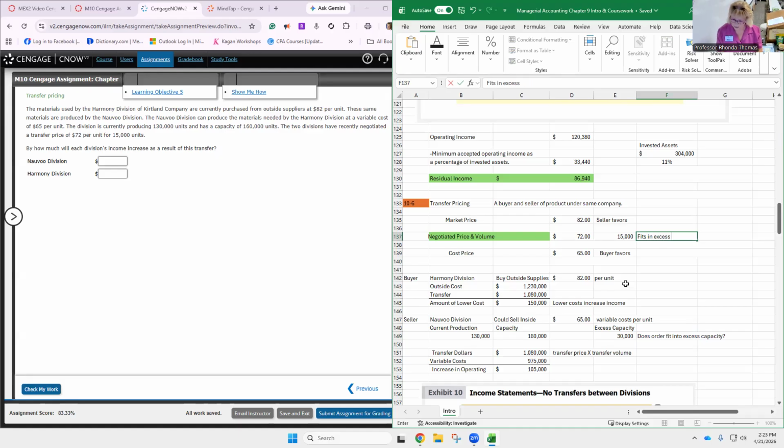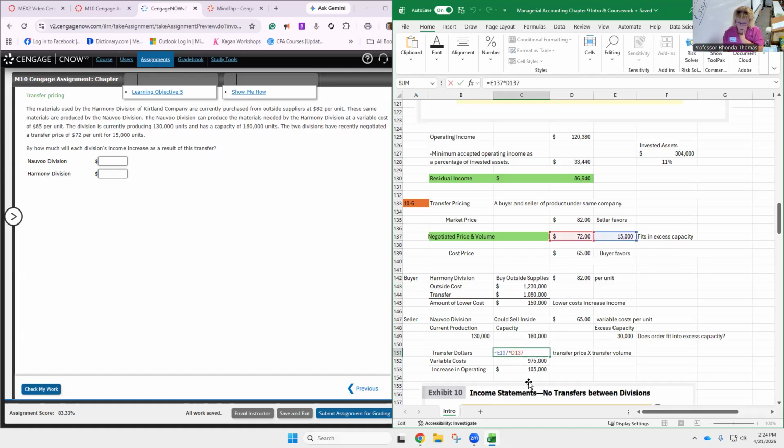So that's another reason for doing more items. If you're not running at capacity, here is a chance that if we accept this $72 negotiated price for half of our extra capacity, then we probably will bring in some extra revenue.